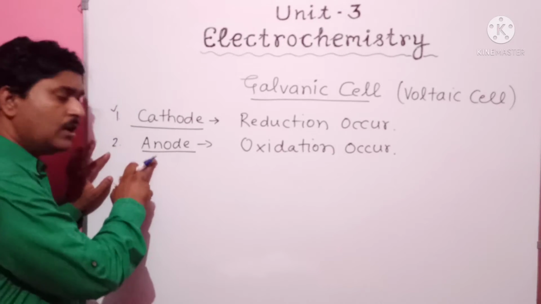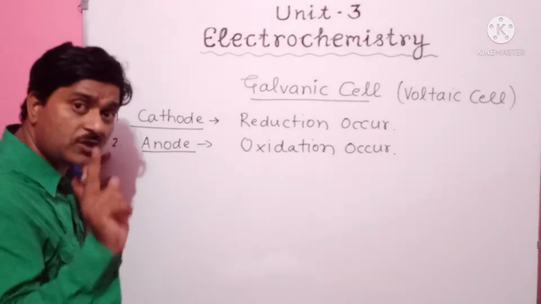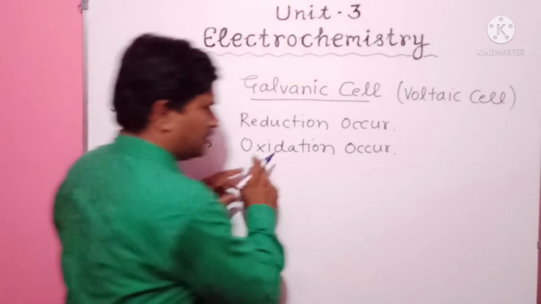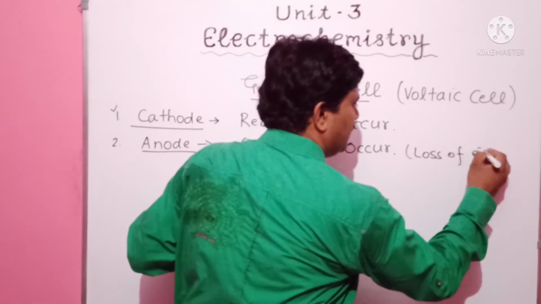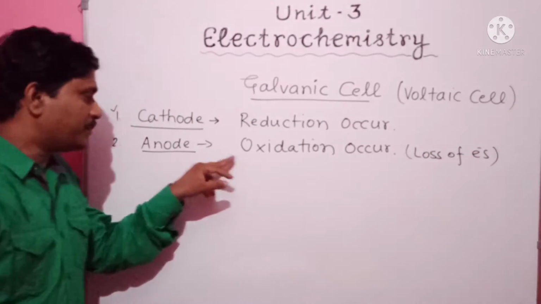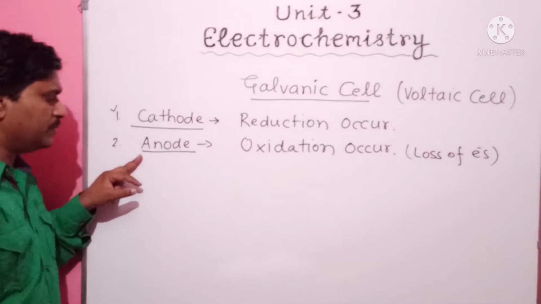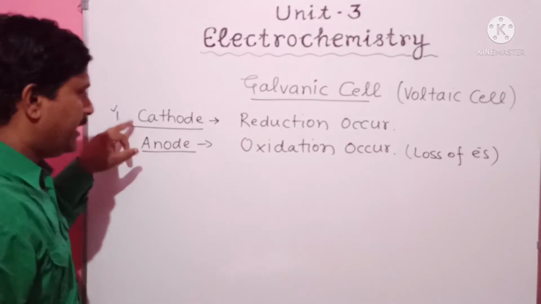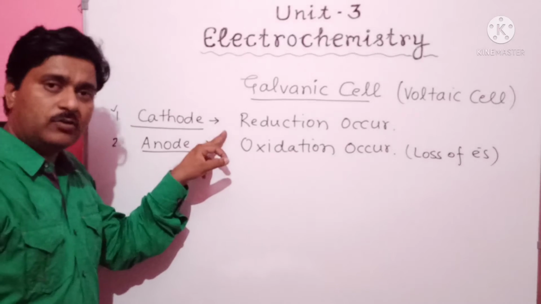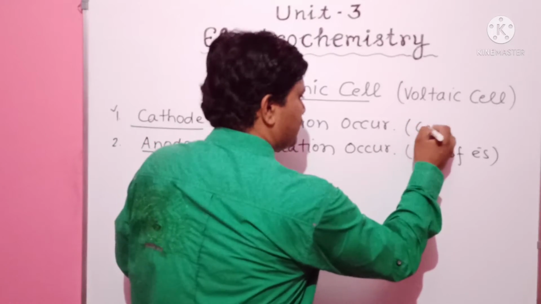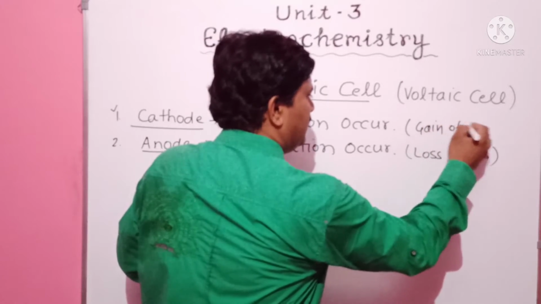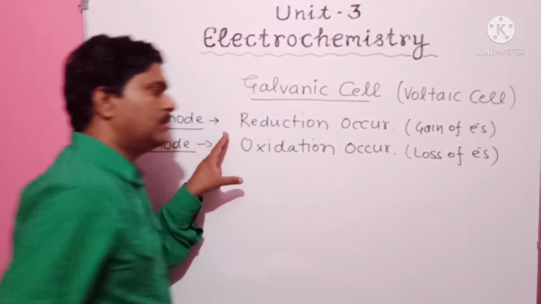The electrode where loss of electrons occurs is the anode, and the electrode at which reduction occurs, meaning gain of electrons, is the cathode.